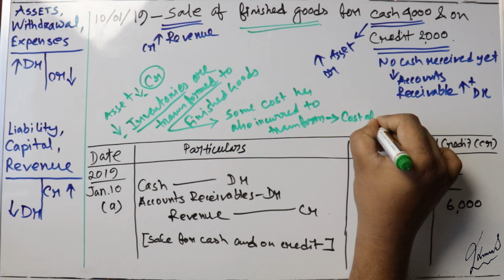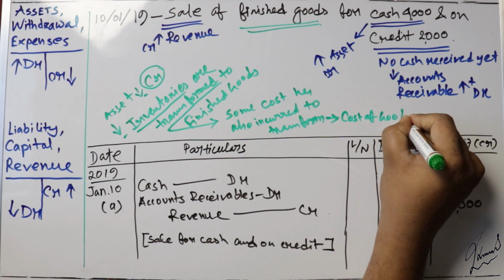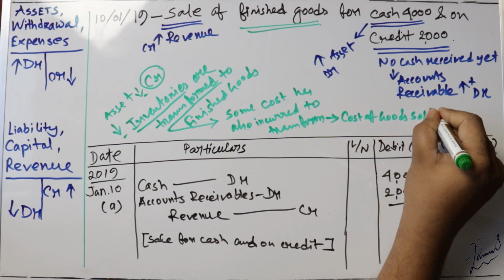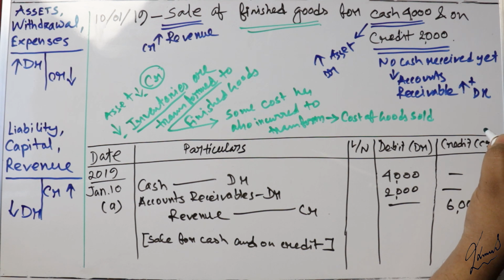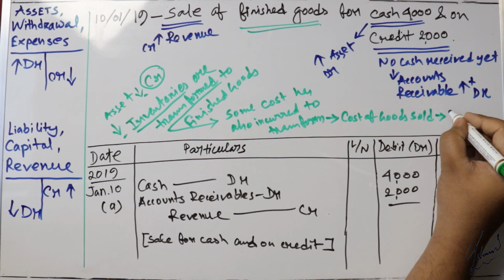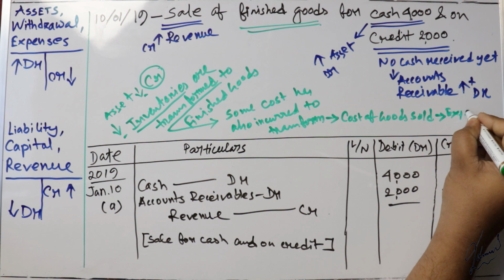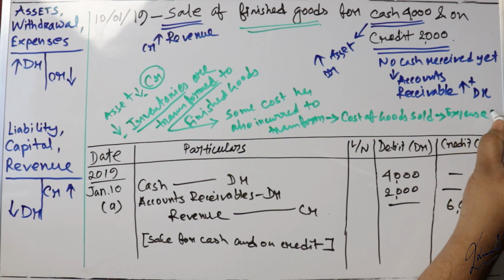In short, we can write cost of goods sold, which is an expense, and we already know when expenses increase, they are debit.